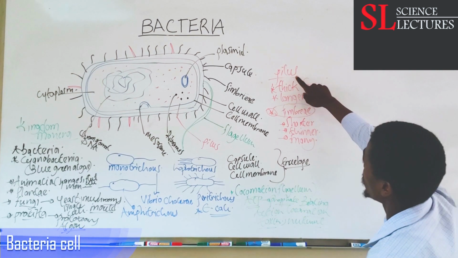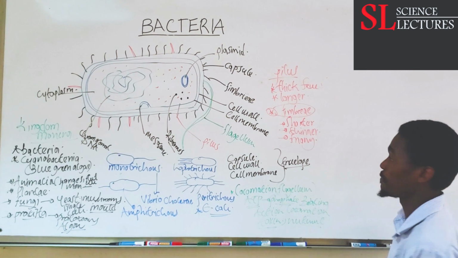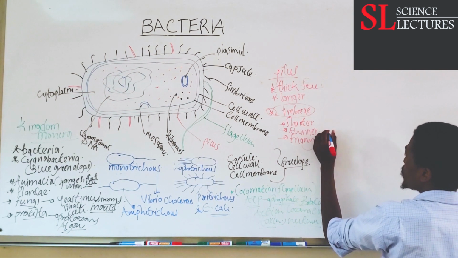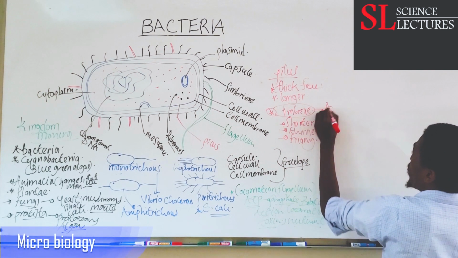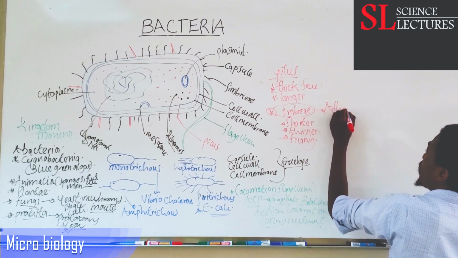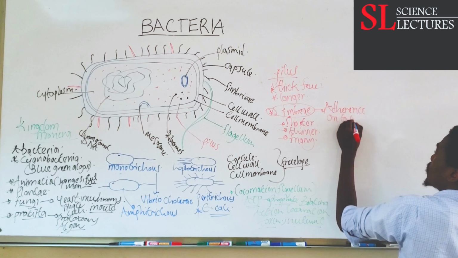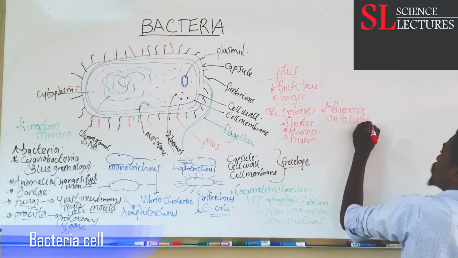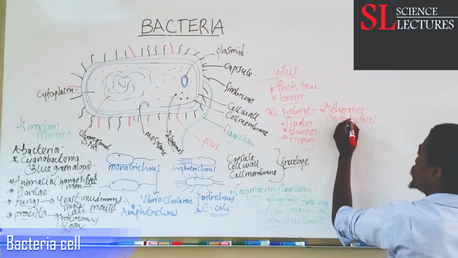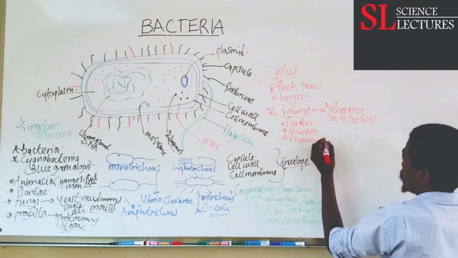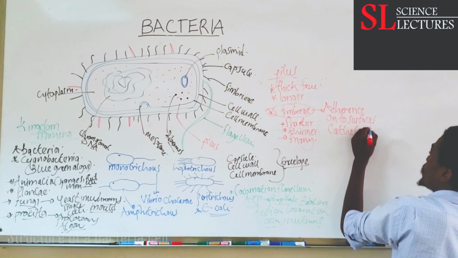However, we also have another basic difference between the pili and the fimbriae, and that difference is in the function. The fimbriae will serve a function of adherence onto surfaces. So they are the ones used to adhere onto surfaces. For example, let's imagine we are having a catheter in a patient.